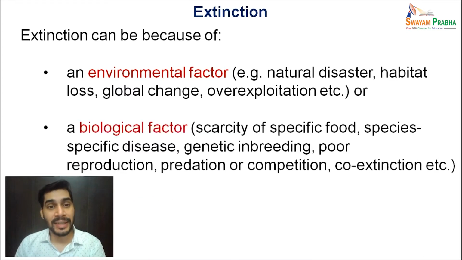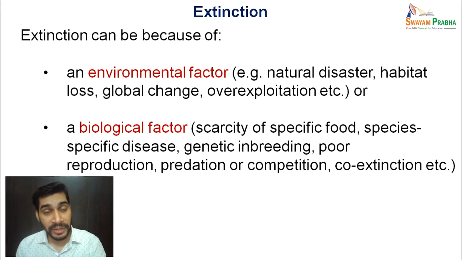Now, besides that, there is another set of factors which might be responsible for extinction events, the biological factors. For example, consider a scarcity of the specific food that the members of a particular species require to survive upon. If that food is not there, the members won't be able to survive because of lack of food supply. There can be other reasons, like a species-specific disease, so all the members of that species would die.